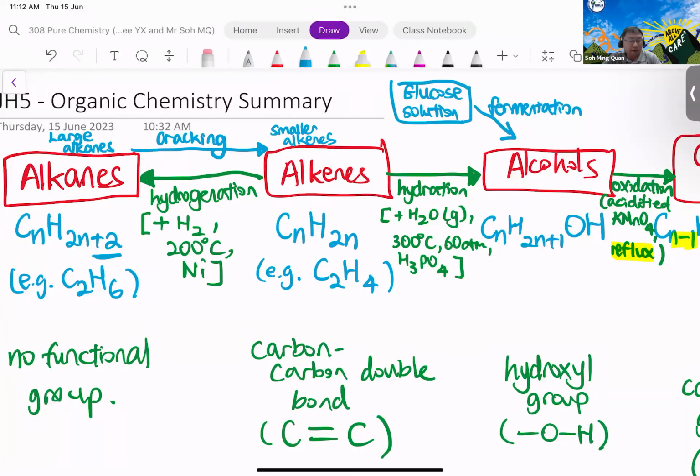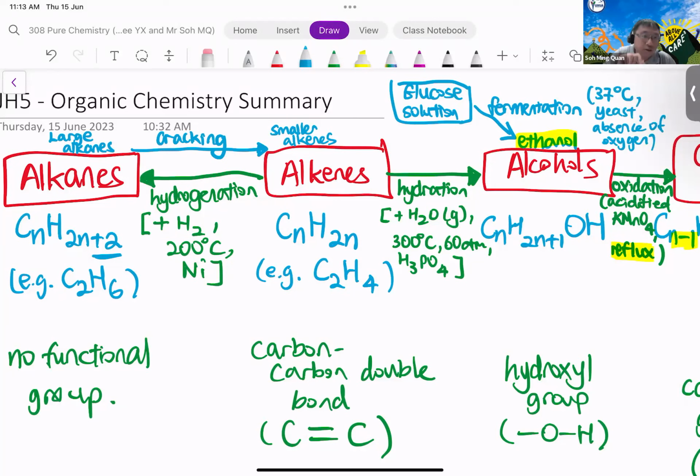But when it undergoes fermentation, it produces only one type of alcohol, which is ethanol. That means you only form the 2-carbon alcohol. And what was fermentation's condition? 37 degrees Celsius, and you must have yeast, you must have absence of oxygen, or what we call anaerobic conditions.